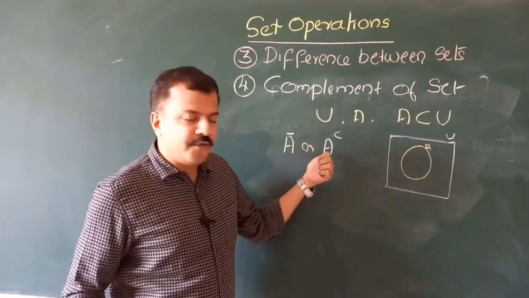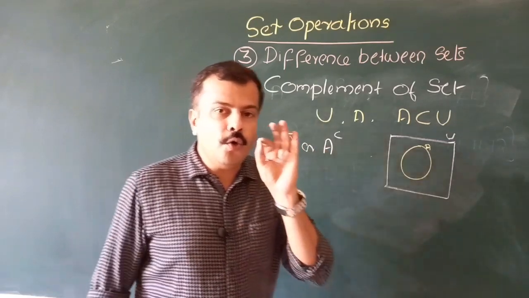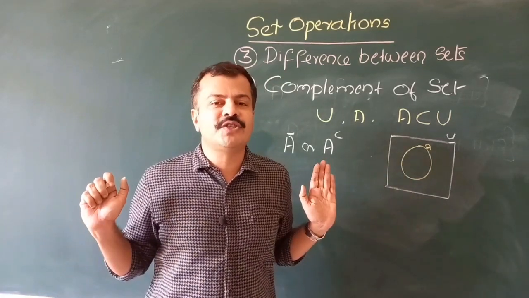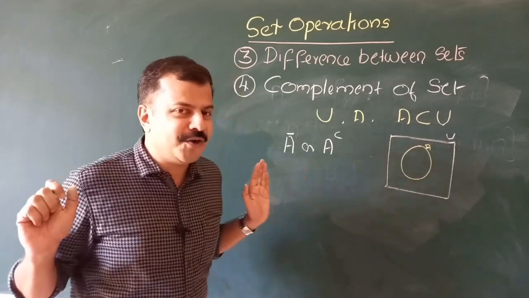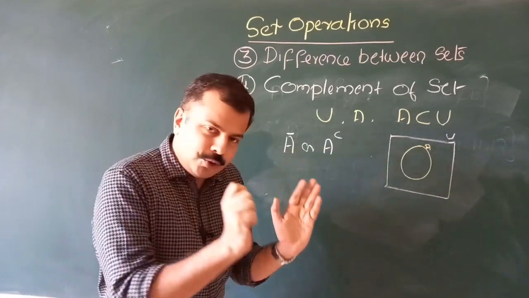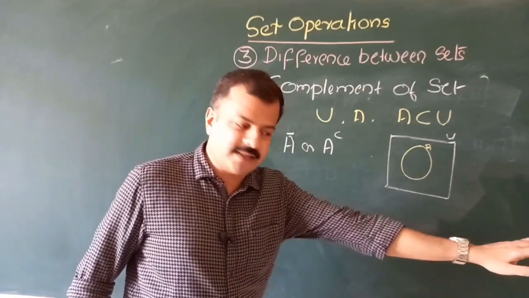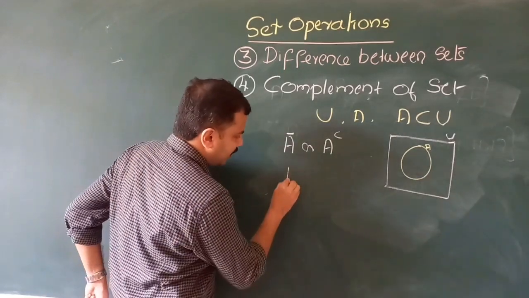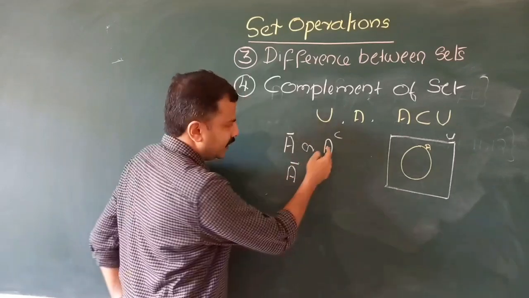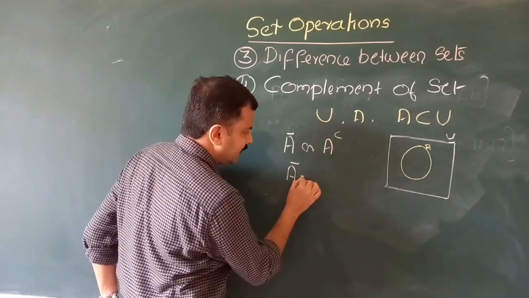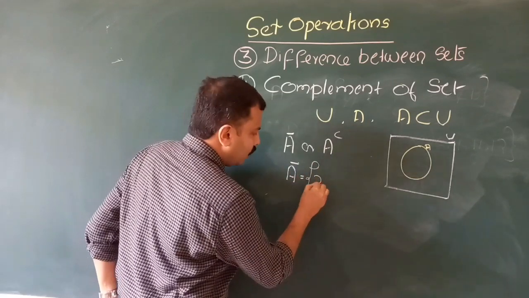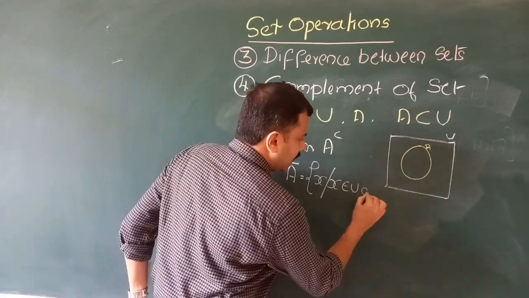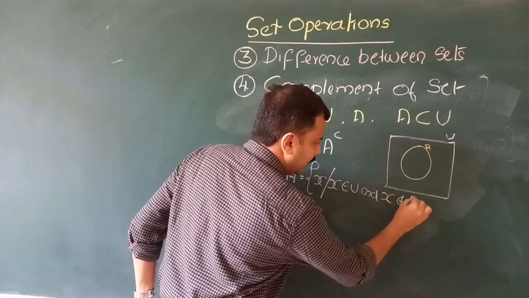So complement of A consists of all those elements that belong to the universal set but do not belong to set A. So A complement can be written as A dash or A raised to C, and it in fact consists of all those elements X such that X is an element in the universal set and X is not an element in A.